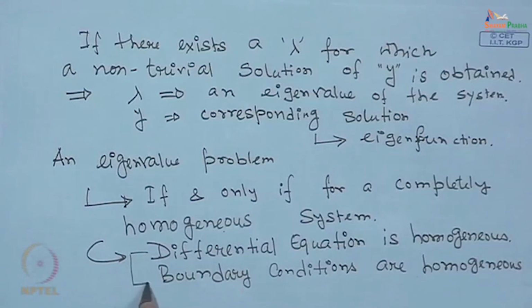If the differential equation and the boundary conditions both are homogeneous, then we call that system a homogeneous system. Now, for a completely homogeneous system, there exists an eigenvalue problem.